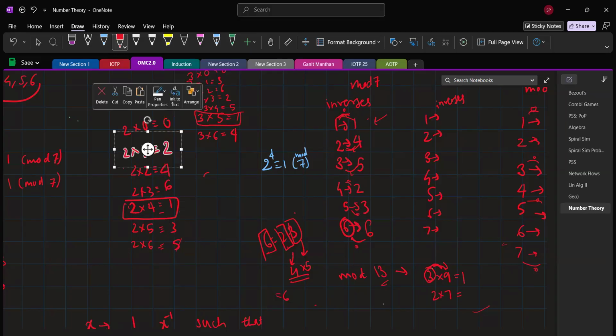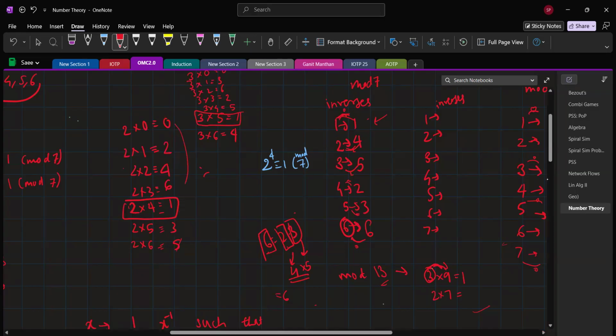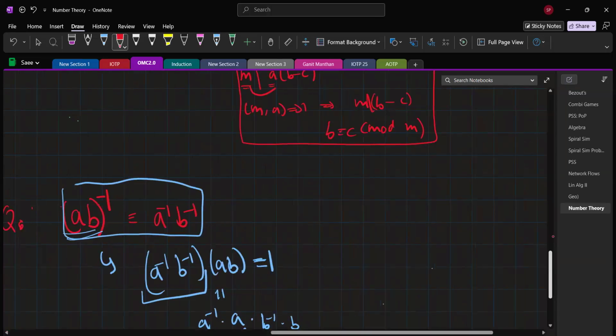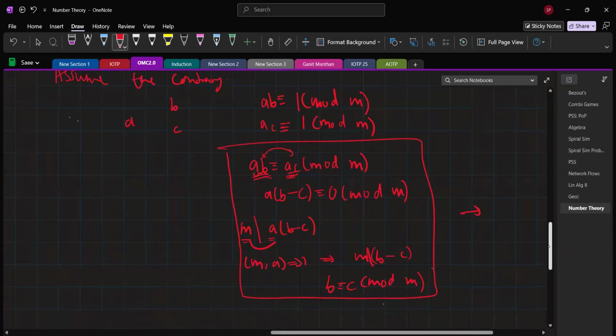Do you see why no two of these can be the same? Simply because of this argument. If two of them were the same, if AB was the same as AC, then B and C would have to be the same. So everything has to be different.